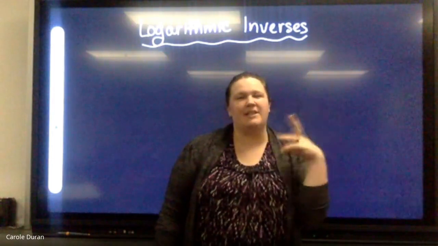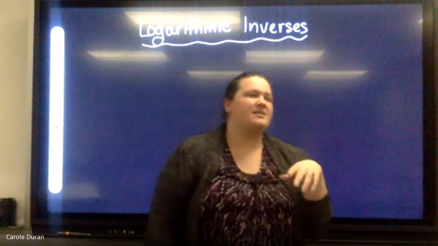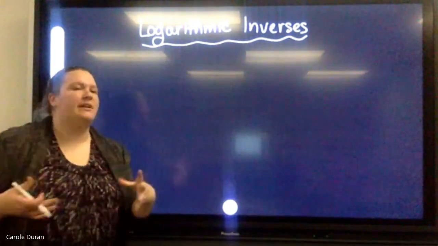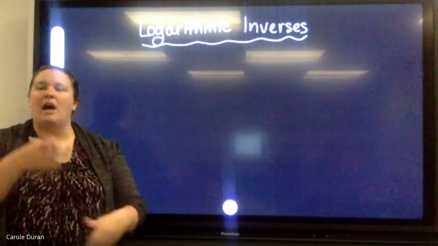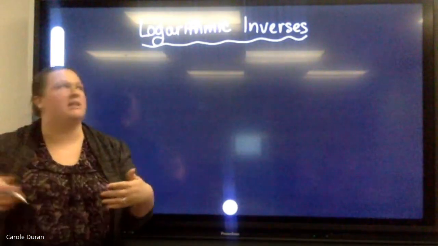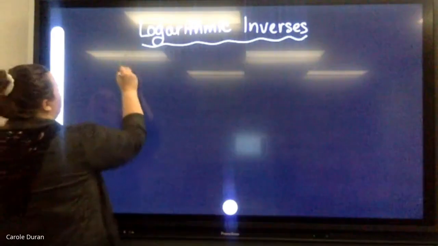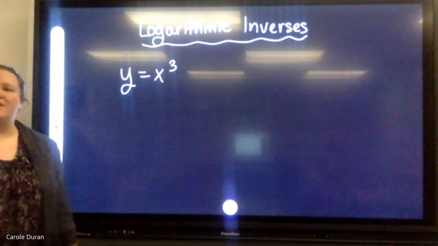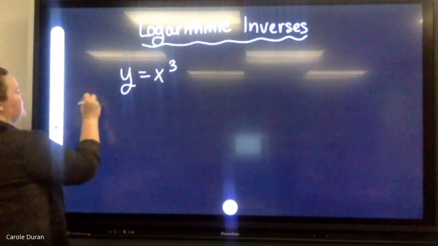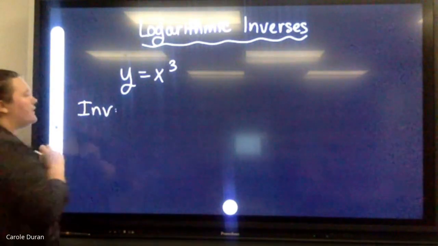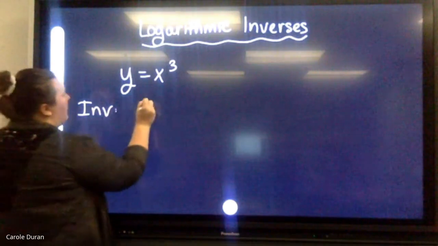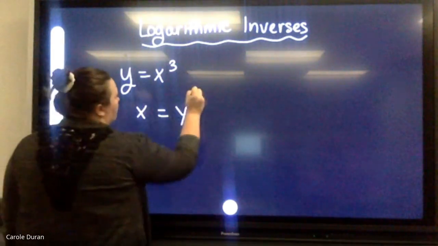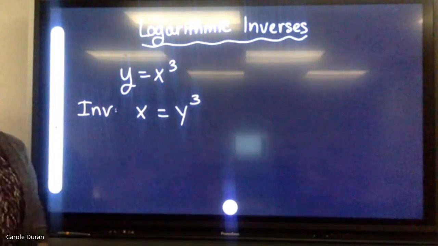This will literally take 2 minutes. Okay, so for logarithmic inverses, just like any other inverse, an inverse undoes whatever the original function is. So if I'm talking about a normal function, y equals x cubed, if I were trying to find the inverse for this, the first thing we do is switch our x and our y, and then we solve for y.